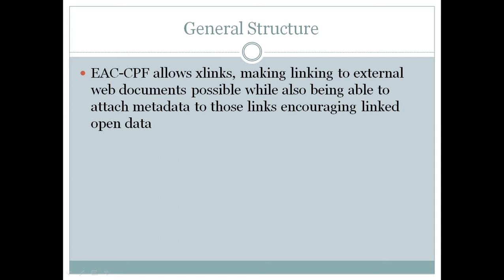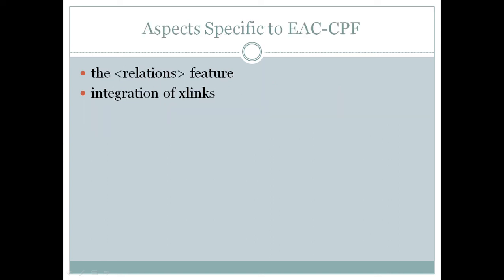What is it for? You can give it a title. It can say, I want you to open this in a new window. I want you to open this automatically. It has a lot of different functions. So the specific aspects of EAC-CPF are the relations feature, which makes it so friendly to the linked open web, and the integration of X-links.